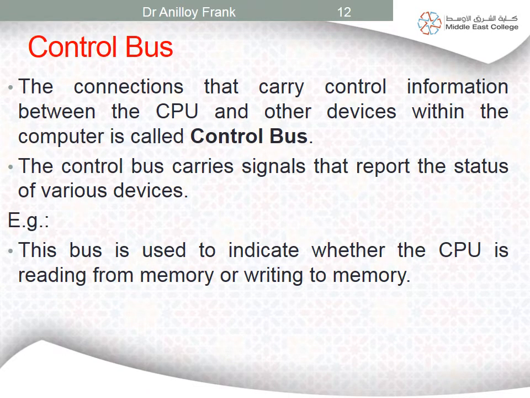The control bus. The connections that carry control information between the CPU and other devices are called a control bus. The control bus carries signals that report the status of various devices. This bus is used to indicate whether the CPU is reading from memory or writing to memory.